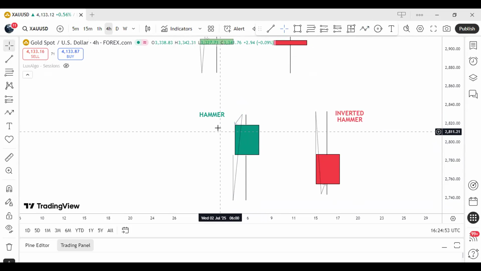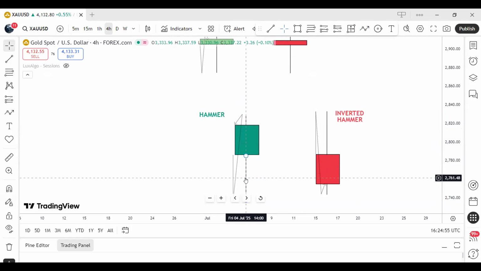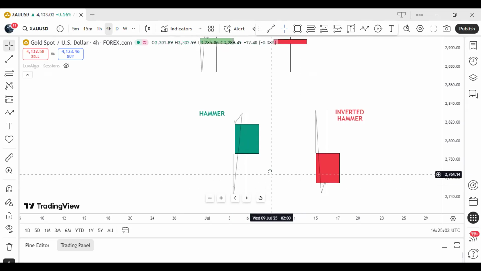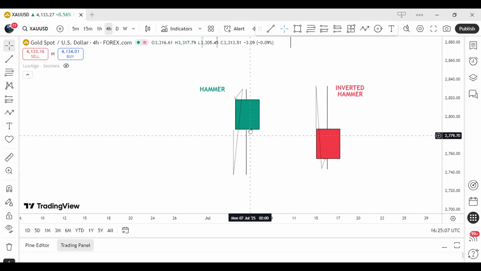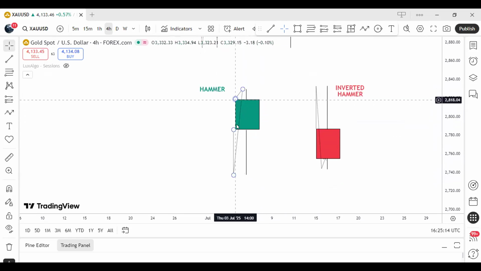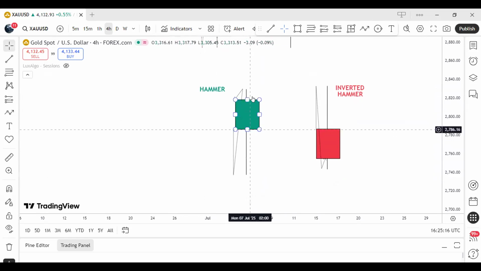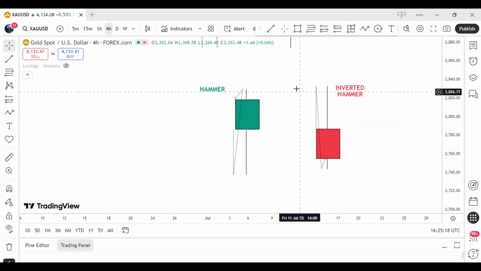The additional signal, what I mean is this wick alone, this rejection alone is a signal to us that buyers are very strong, because they were able to reject sellers from this point here and then push the price all the way to this high here and then reverse and close here.